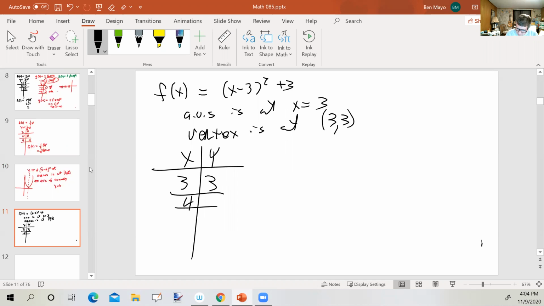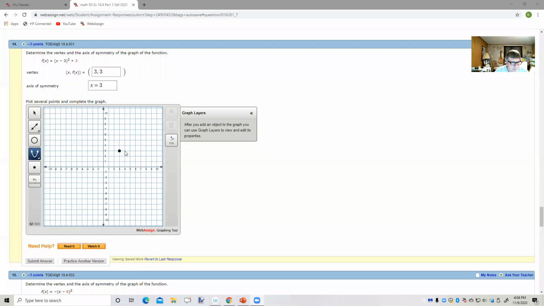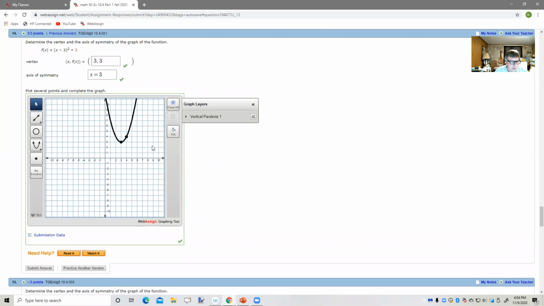So I'll put in a 4 or a 2. f of 4 is 4 minus 3 squared plus 3, which is 1 squared plus 3, which is 1 plus 3, which is 4. 4, 4. Okay, so now we'll go back over here, and 4, 4, and there it is. And let's see if I did it right. And there you go. So the vertex is at hk, the axis of symmetry is at x equals h.